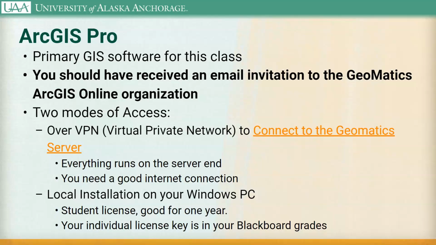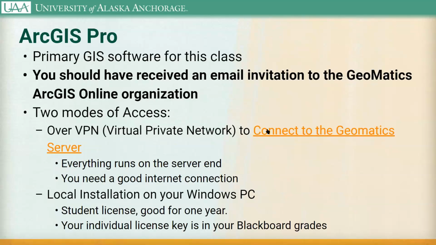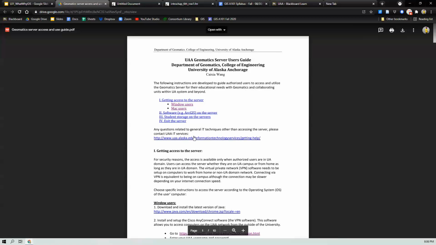If that's not an option for you, then you can use the Geomatics Lab computers through a virtual private network. And there are instructions on that also posted on the class site and linked here. There's an access guide for that.